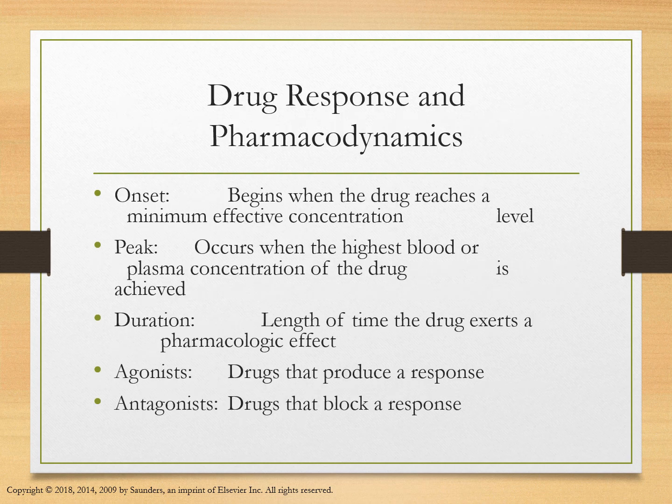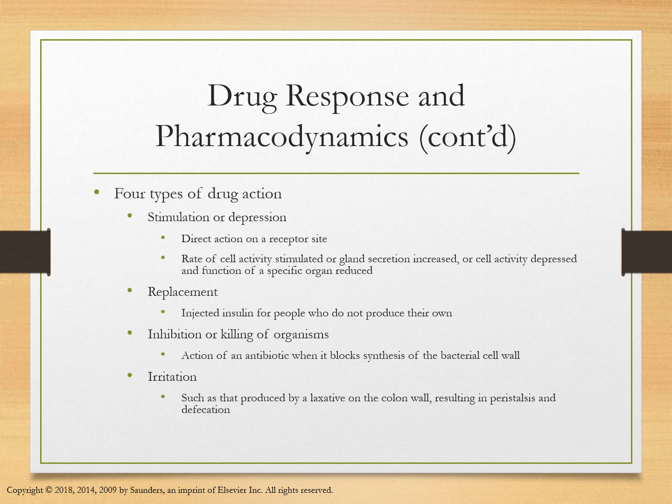We talked about this. Please feel free to review this slide. Let's see, four types of drug action. Here we go. Some of it is on page 640. It talks about how most drugs cross the placental barrier and affect the fetus.